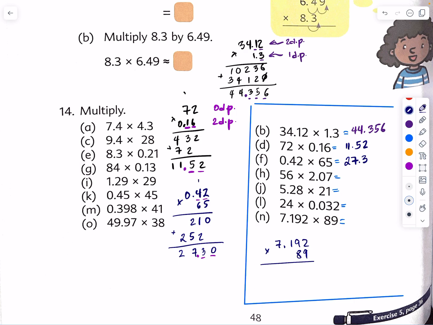Let's do this. 2 times 9 is 18. We write down 8, carry over 1 more. 9 times 9 is 81. We have 2, and we carry over 8. And 9 plus 8 is 17. And we remember 1. 7 times 9 is 72. So we have 73. Now, let's multiply times 8.